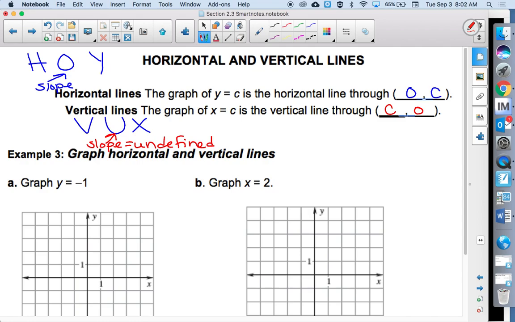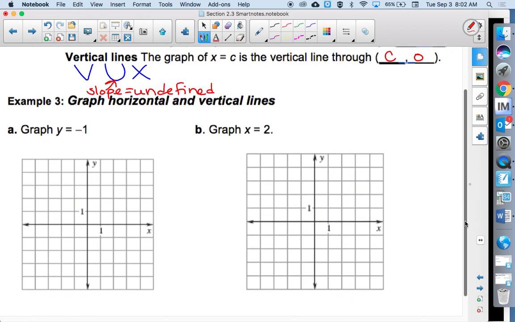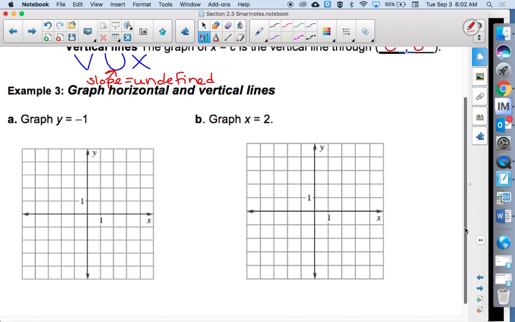If you look at the two graphs below, to graph the horizontal line, because it says y, you're going down to the y value of -1, and that's the only point that we would plot, and then you draw a horizontal line through that point. Maybe yours looks a little straighter than mine. Mine's pretty wiggly.